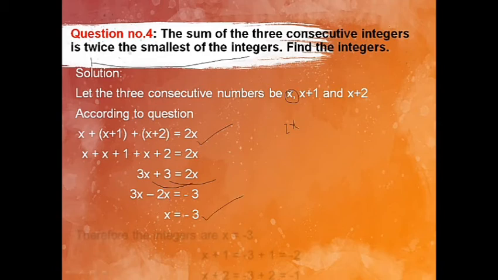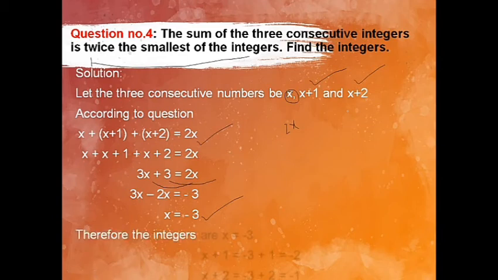Now we want the second and third integers. First integer we got, so to take out the second integer, in place of x we will put minus 3, and to get the third integer also we will put minus 3 in place of x.